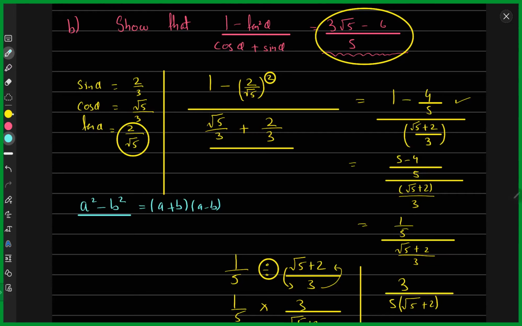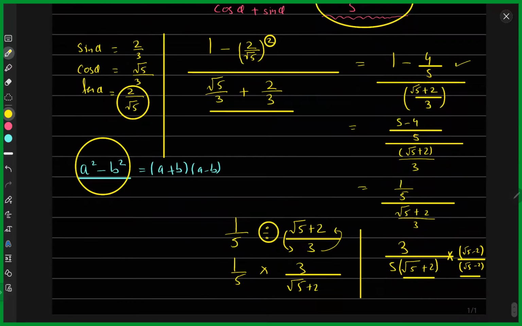I would be able to do that if I multiply this thing with a fraction that is basically equivalent to 1, because we can certainly multiply anything with 1. That fraction is going to be root 5 minus 2 over root 5 minus 2, right? Why do we do this? Because this is a plus b, this is a minus b, and I can write this as a squared minus b squared.